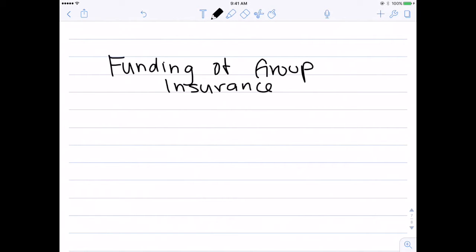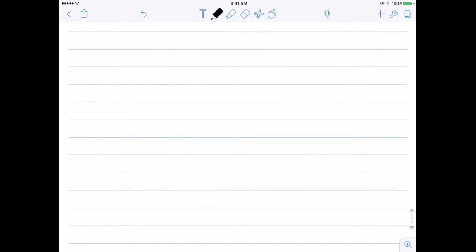When we set up a group insurance plan, a conventional group insurance plan structure is going to use what we could call the fully funded method of group insurance.